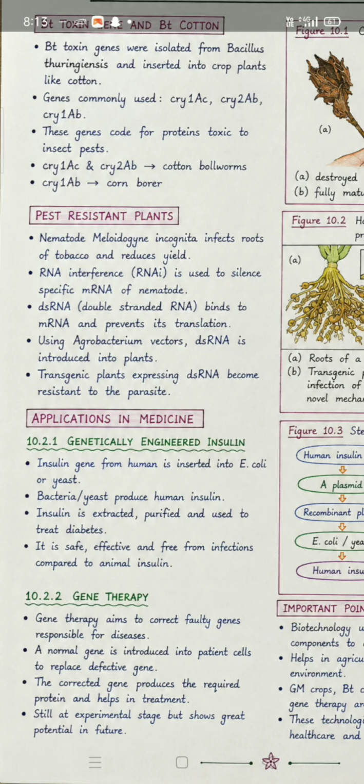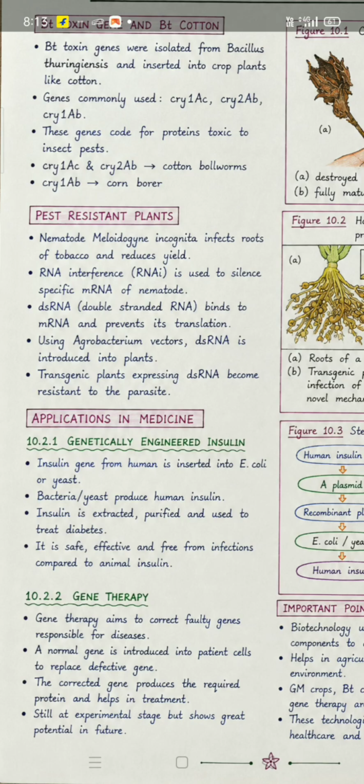And using Agrobacterium vectors, nematode-specific genes were introduced into the host plant. The introduction of DNA was such that it produces both sense and antisense RNA. Sense and antisense are complementary to each other, and both form a double strand in the host cell.